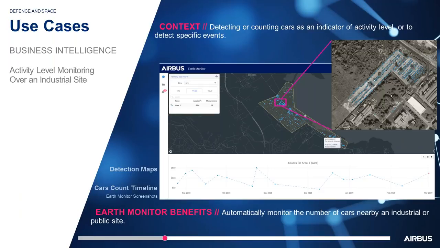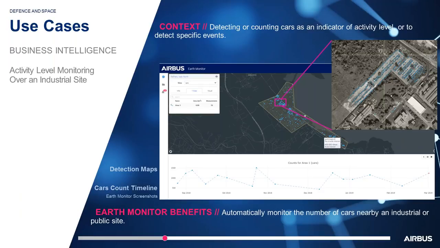So I can see here an AOI in yellow, and in pink in the center, in the middle of the screen, I have an overview of a site. And on this site, I can see blue points, and each blue point, in fact, is a car. And Earth Monitor here is very interesting to automatically monitor the number of cars nearby an industrial or public site.